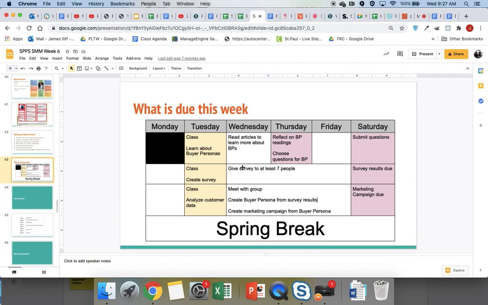We're going to act like they're our customers, and we're going to get that survey data back, and we're going to build buyer personas out of that survey data, and then we're going to run a marketing campaign based on those buyer personas.